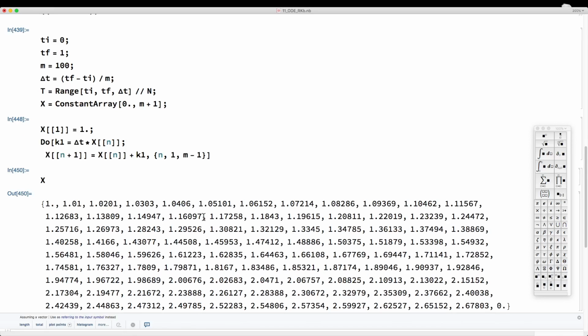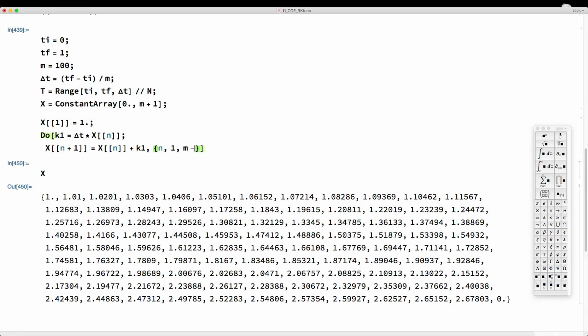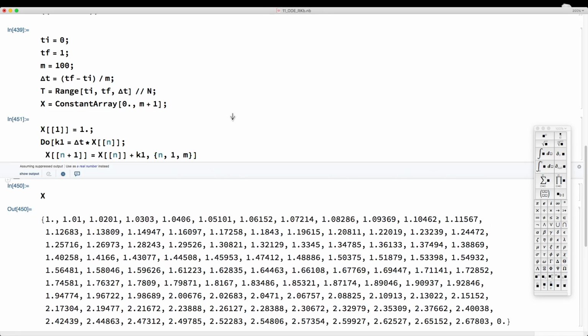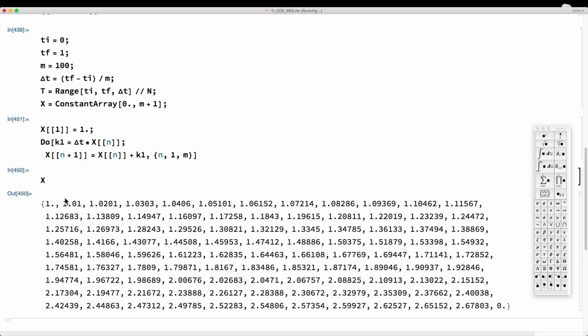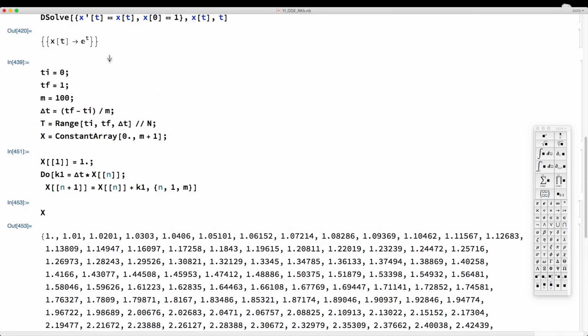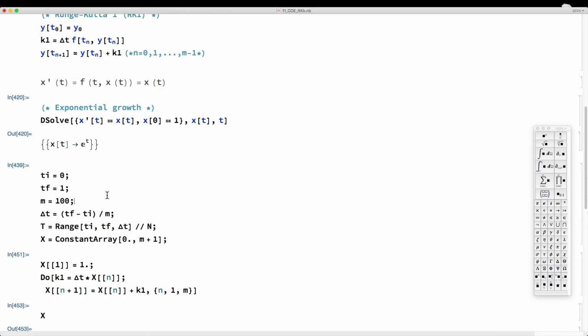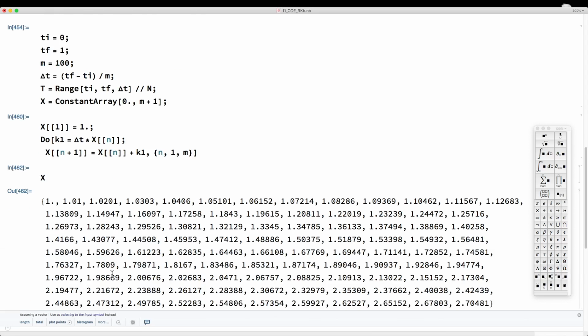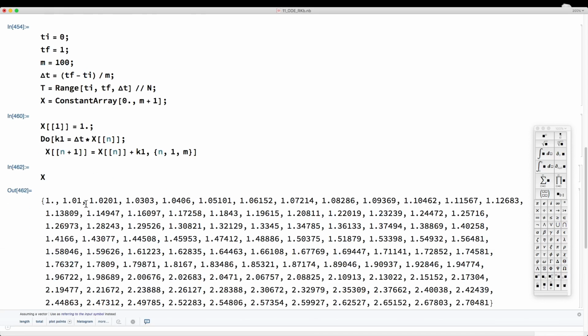So we start from 1, and then, well, let's see, actually the last value did not get updated, so let me just correct this. So let's go up to m. Okay, so these are the values of x that we see.